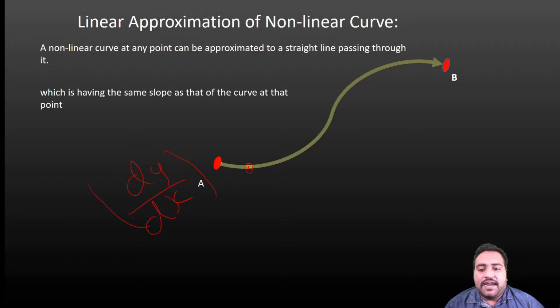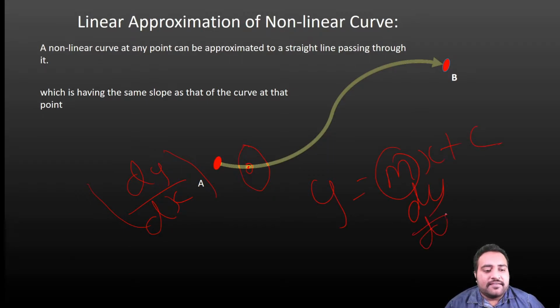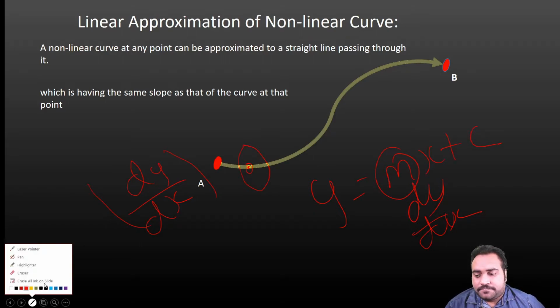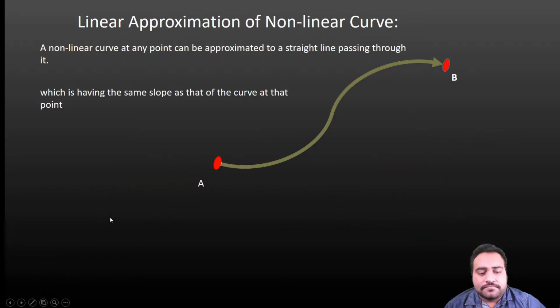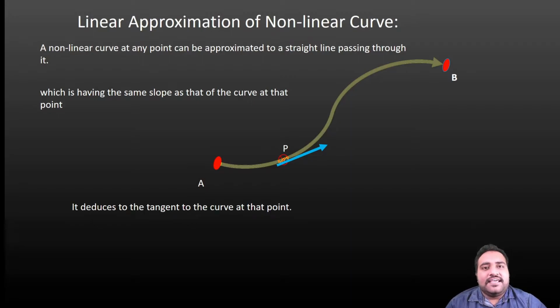That is the slope, and this is the point, from the principle of y equals mx plus c, where m equals dy by dx. I can get a straight line, and that straight line would be the linear approximation of the nonlinear curve at this point. I can also say this is nothing but the tangent of this curve at this point. There is a standard name.